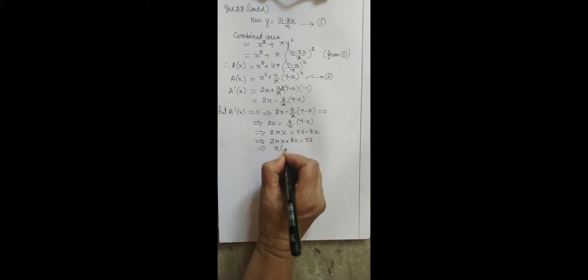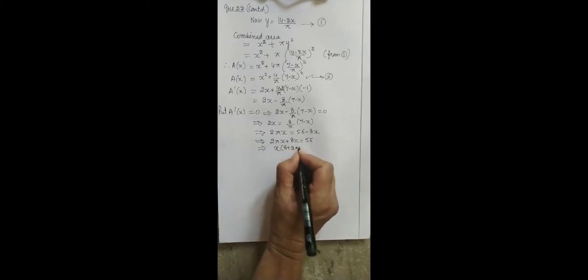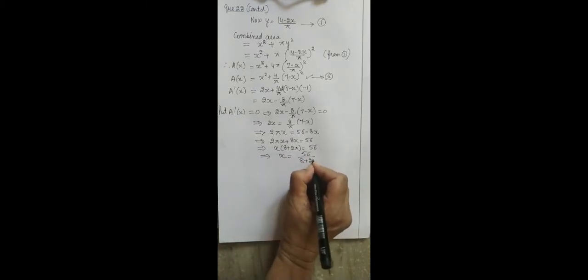So x times (8 plus 2 pi) is equal to 56, which implies x is equal to 56 upon 8 plus 2 pi, which can further be written as 28 upon 4 plus pi. So this is the value of x. Now this is my critical point.